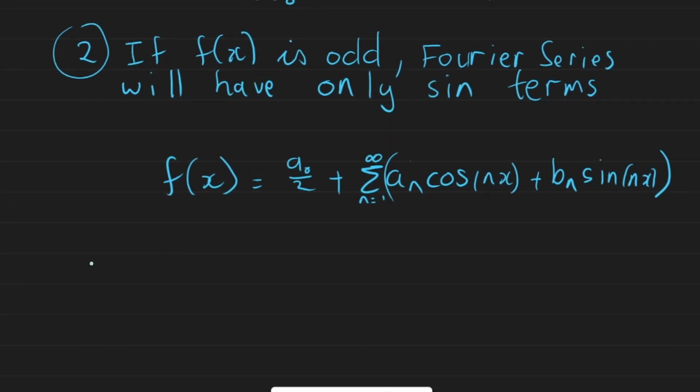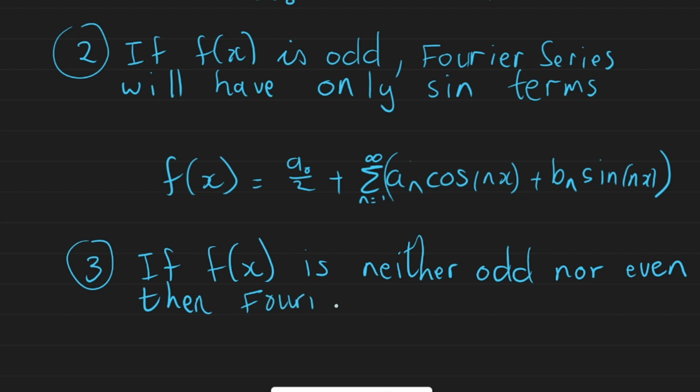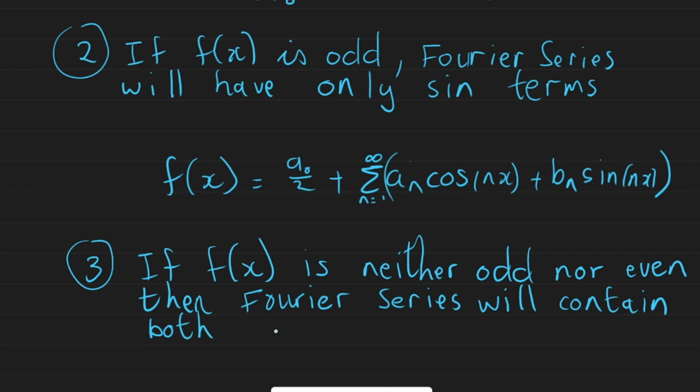So the third fact that we should take note of: if f of x is neither odd nor even, then the Fourier series will contain both sine and cosine terms.